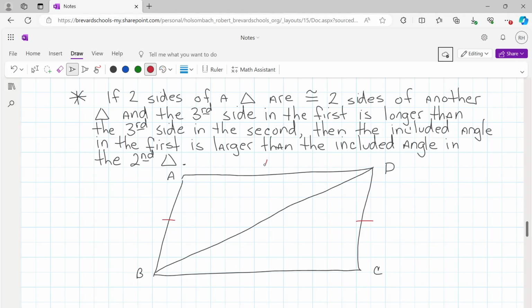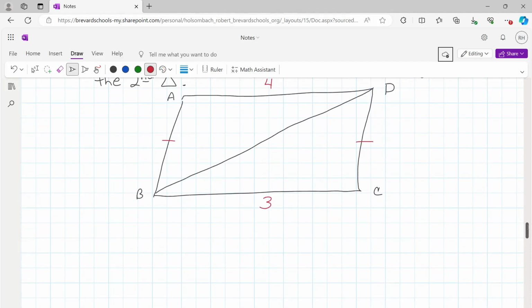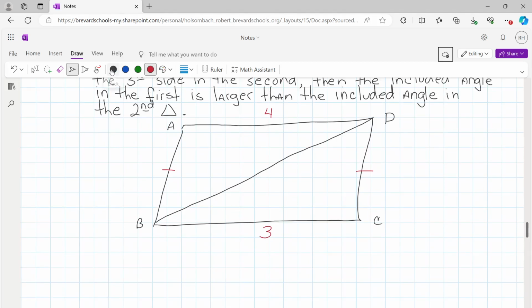Side AD up here is 4. And side FD is 3. And we have to compare angle ABD to angle, if we're going ABD, then we're going to go CDB.